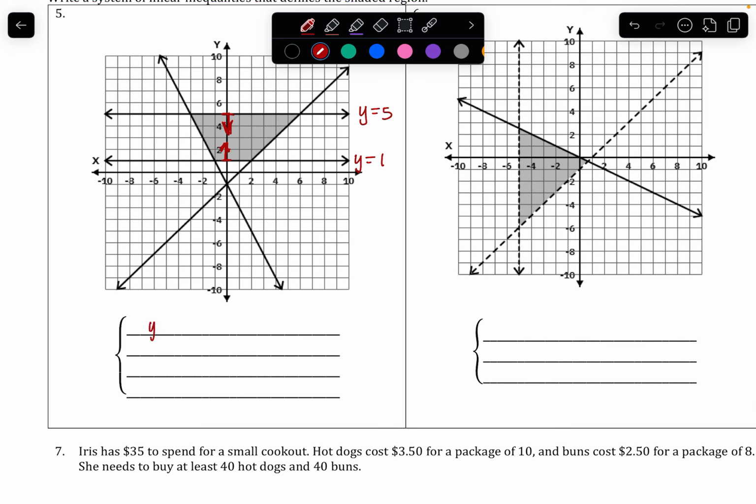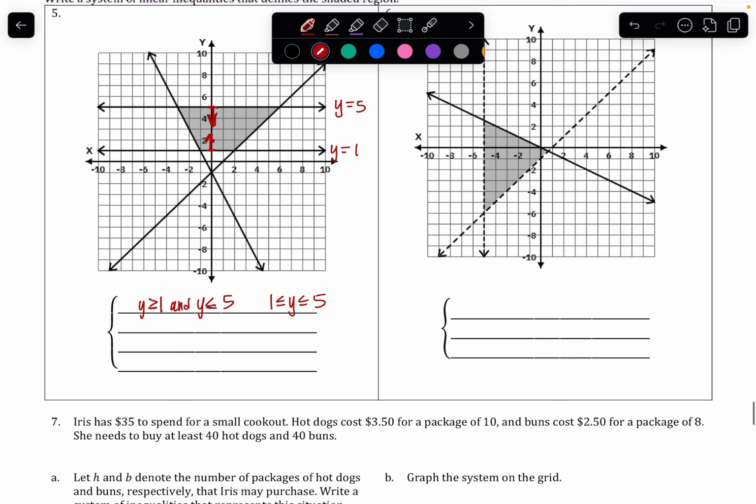And so you could either say y is greater than 1 and y is less than 5, and we should have the equal to option because these are solid lines, but most likely they're going to write it as the sandwich inequality. Okay, and then for this line right here, he has a y-intercept of -1.